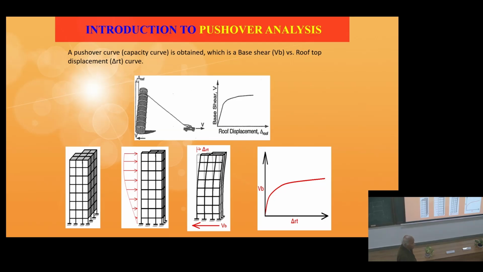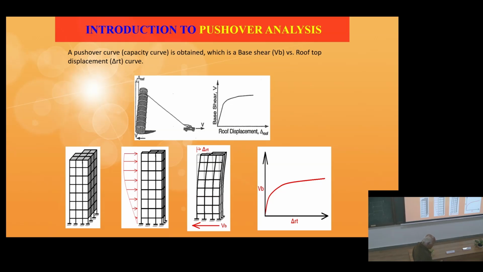On the top of the building, you are giving a delta push, right? And as a result of that there will be base shear. As delta RT increases, base shear increases, and you can see that some portion in the beginning is linear, then it becomes non-linear.